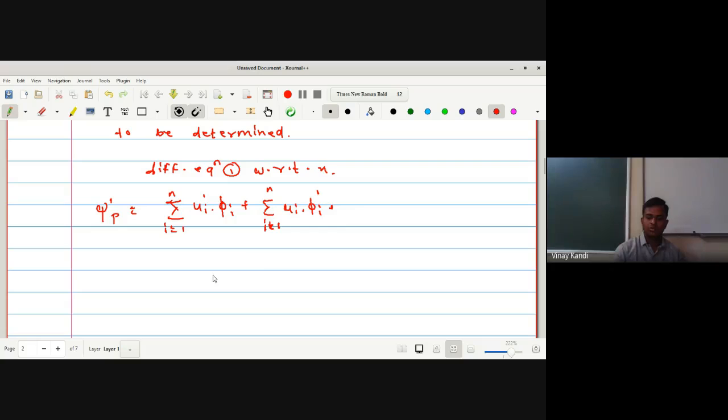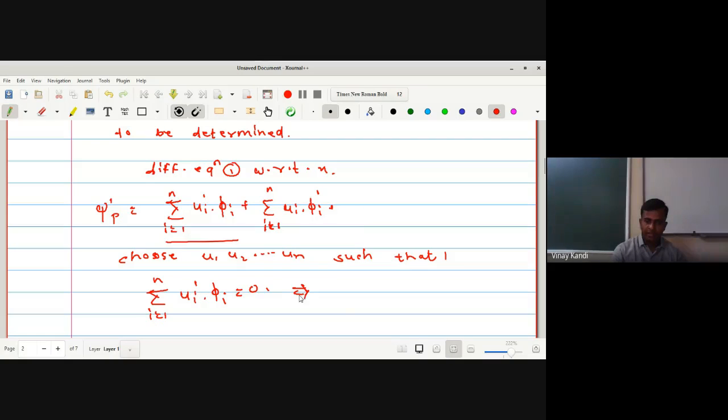Okay, now choose u1, u2, up to so on un such that this term gets cancelled, is 0. That is, summation running from i equal to 1 to n of ui dash into phi i is equal to 0.